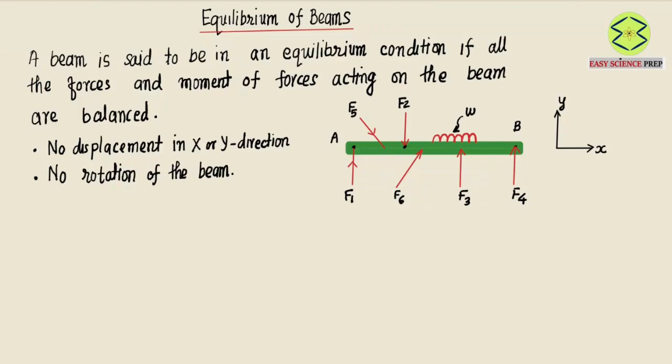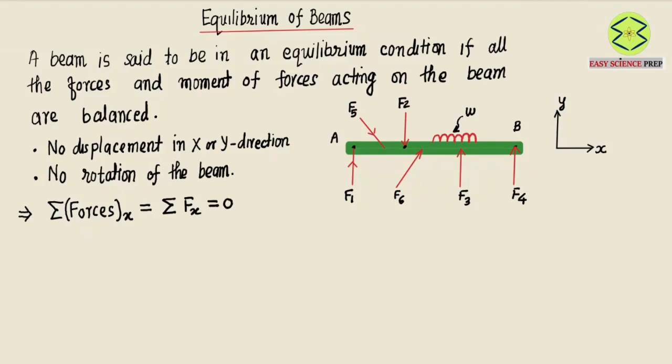In order to satisfy the first condition, that there is no displacement in the x and y direction, all the forces acting on the beam in the x direction or in the y direction should be balanced. So for the first condition to be satisfied, all the forces acting in the x direction should be balanced. That gives you the summation of all the forces acting on the beam in the x direction, or in a simple way, summation of forces in x direction must be 0.